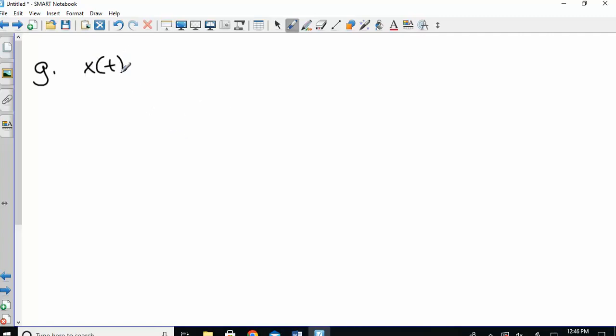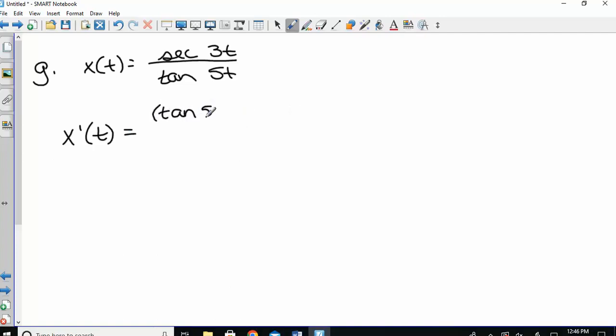So we have quotient rule, low. So the denominator. Did you guys do quotient rule on this one? Okay. You could have also made a tangent 5t to the negative 1 and then product rule. Low, d high.